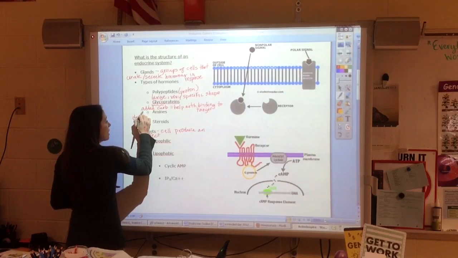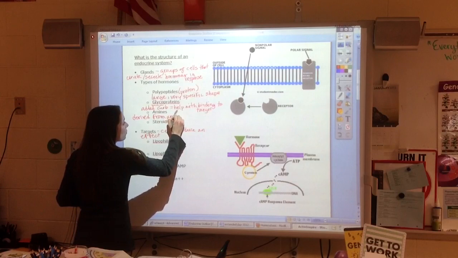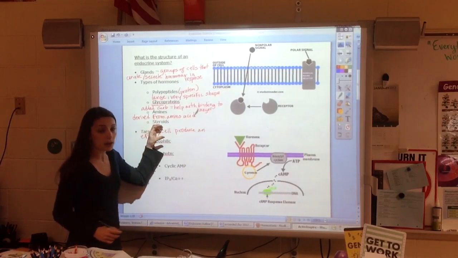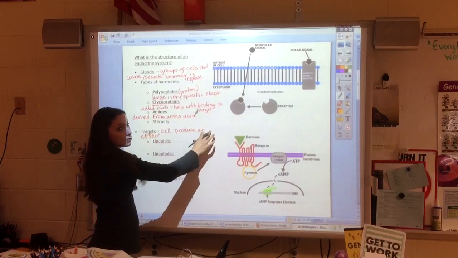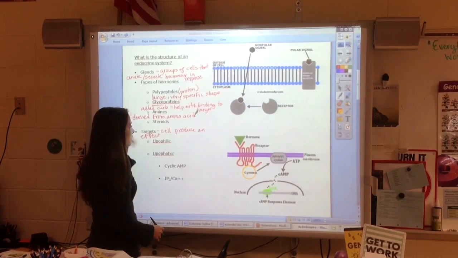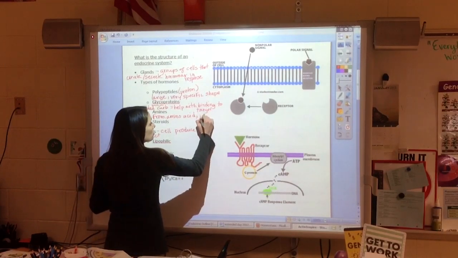Amines are derived from amino acids. So if you remember your basic amino acid structure with the central carbon, the other carbon with the amine group, and then the other carbon with the carboxylic group, it's still a pretty big molecule, and it's still usually polar.